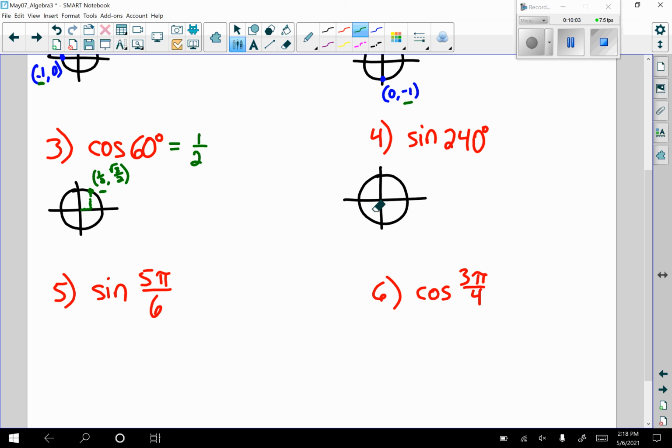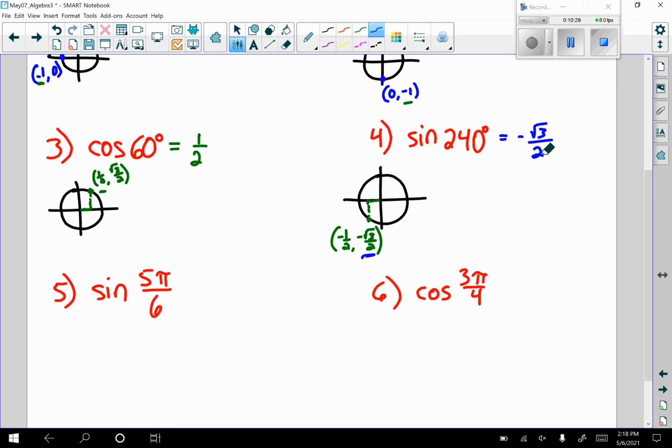So 240 degrees is just 30 degrees before 270. So we're going to be right here. Again, this is the furthest away from the x-axis, so we go over the short leg, down the long leg. They're both negative here, so negative 1/2 is always the short leg, negative radical 3 over 2 is the long leg. Sine is the second number, so this becomes negative radical 3 over 2.